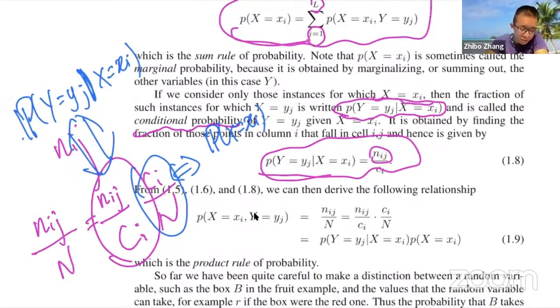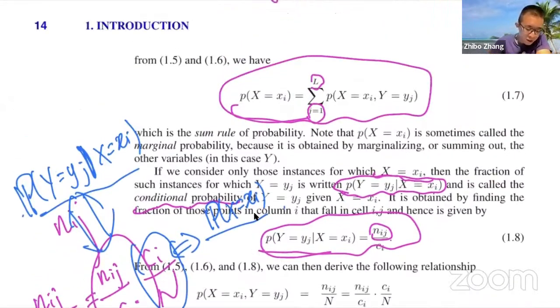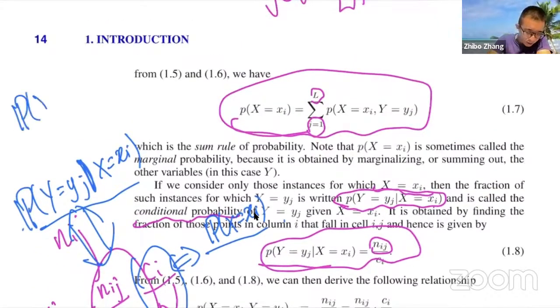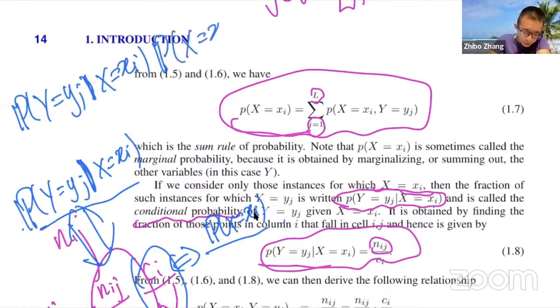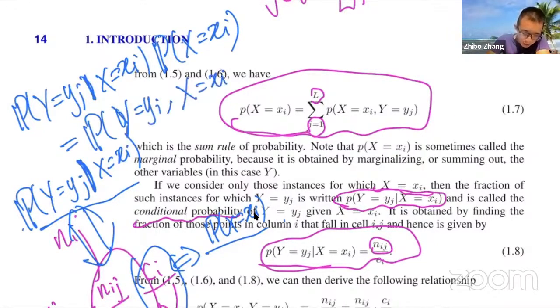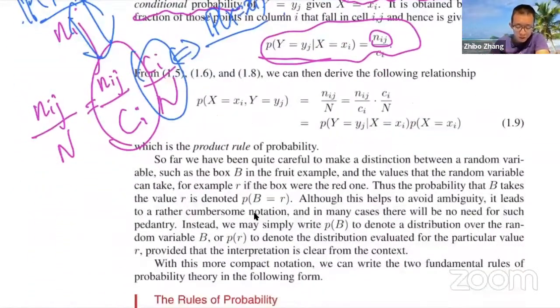If you multiply these two parts together, you get P(Y = yj | X = xi) multiplied by P(X = xi), which is equal to the joint probability of Y = yj and X = xi.